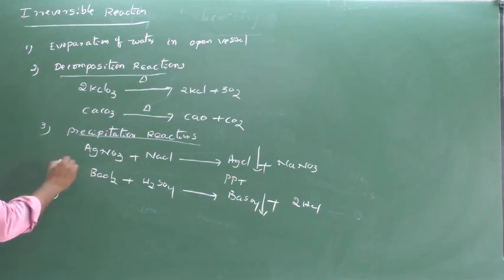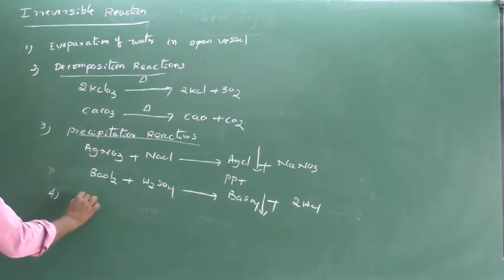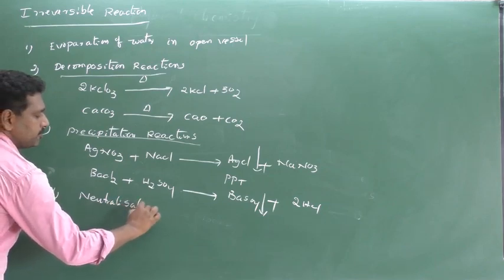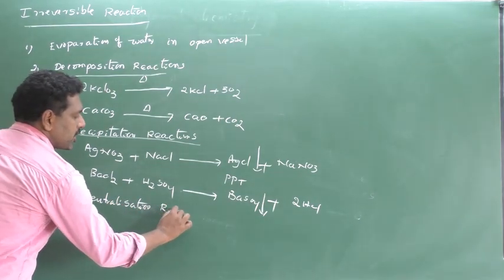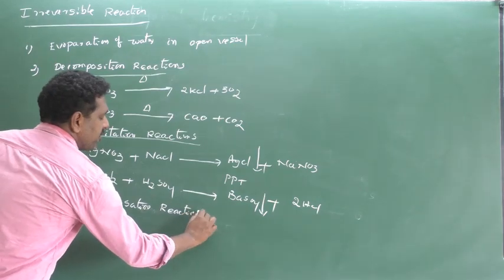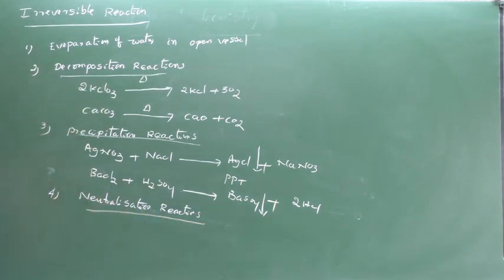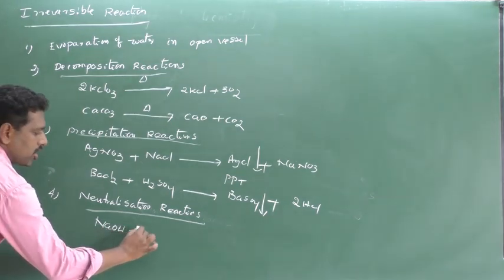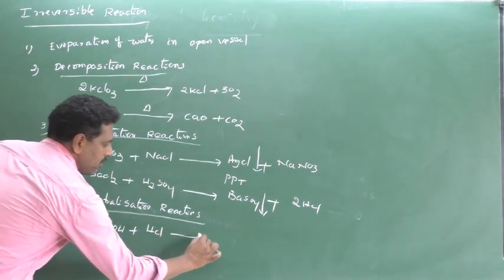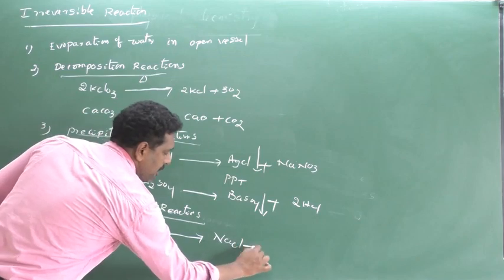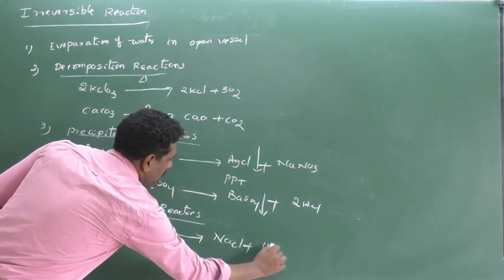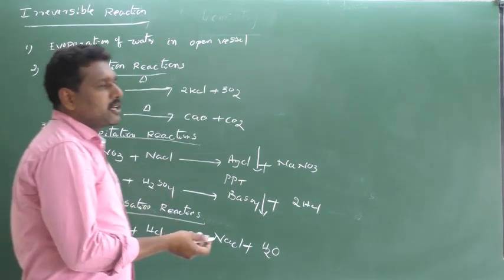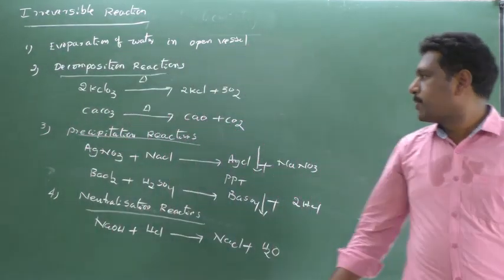The fourth type is neutralization reactions, which are examples of irreversible reactions. For example, NaOH on reacting with HCl forms NaCl plus H2O. Neutralizations are single direction reactions only.